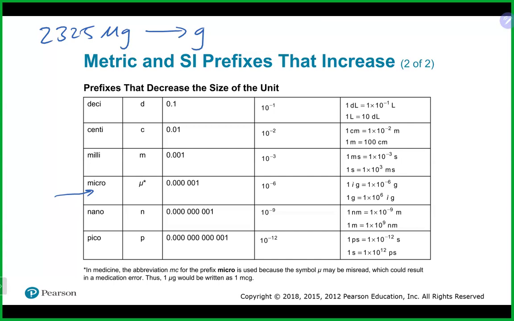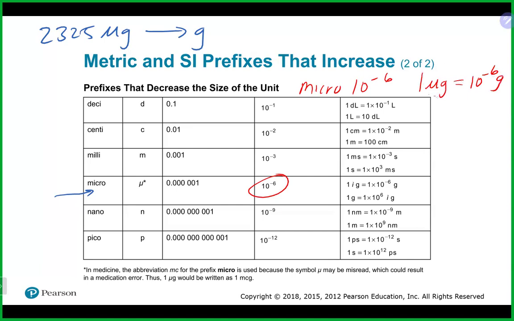Okay, so let's take a look. So first off, we would go to our table here. We see, as we just talked about, that micro is 10 to the minus 6, which is here. And again, that is 1 times 10 to the minus 6. From that, we can get our equality, which should be 1 microgram is 10 to the minus 6 grams.